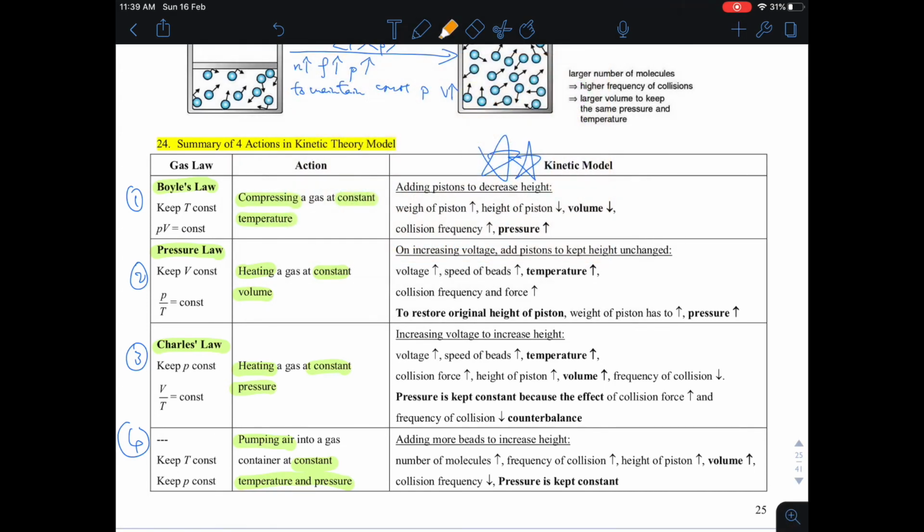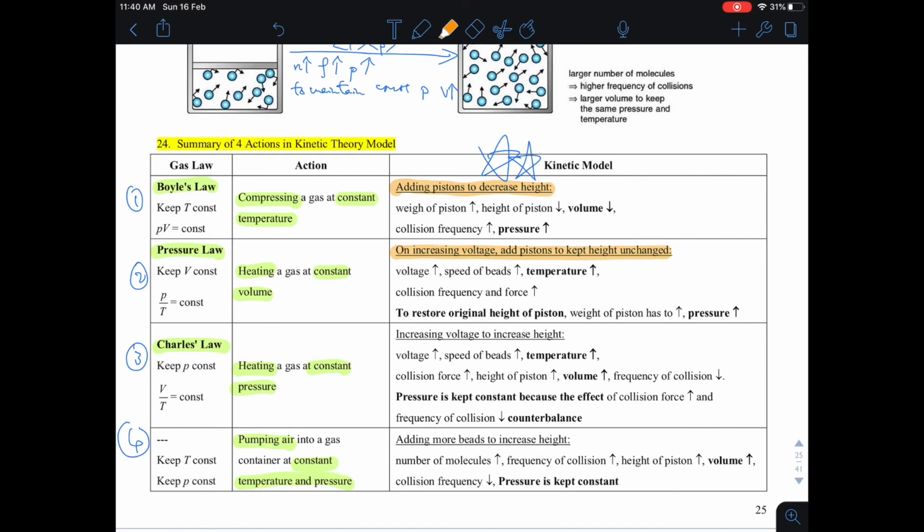What we are doing here is, in order to simulate compression, we add a piston to decrease the height. So when the weight of the piston increases, the height of the piston decreases. That means the volume decreases, and then the collision frequency will increase so that the pressure will increase, same as before. Increasing voltage means the temperature increases, heating. We add a piston to keep the height unchanged because we want constant volume.